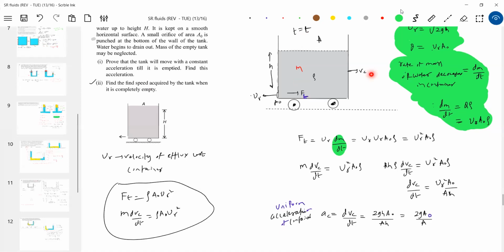So what is the time taken to empty the tank? You calculate that t, then velocity, how much it will be? Final velocity will be. So calculate the time taken to empty the tank. Substitute that to get the required answer.